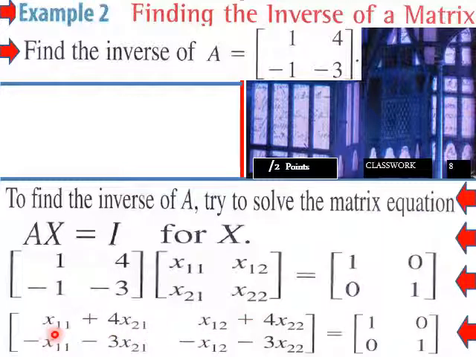So to do that, we have x11 plus 4x21, and then negative x11 minus 3x21 here. And then we have x12 plus 4x22, and negative x12 minus 3x22 here for that one. So this is A, this is X, and this is I over here. We need to find an X that will turn A into I. That's what our X needs to be.